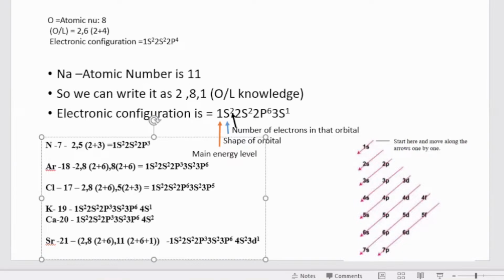This is for strontium. For the first energy level, 2 is okay. For the second energy level, the S subshell has 2, and the P subshell has 6. Sorry, these are wrong, these all must be 6. Then the third energy level contains 11 electrons.